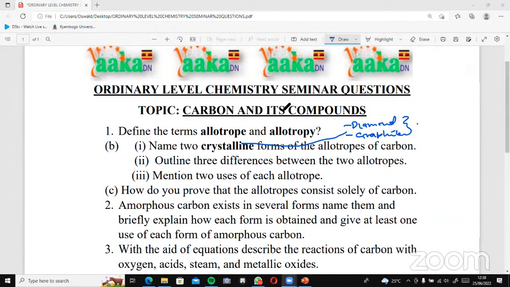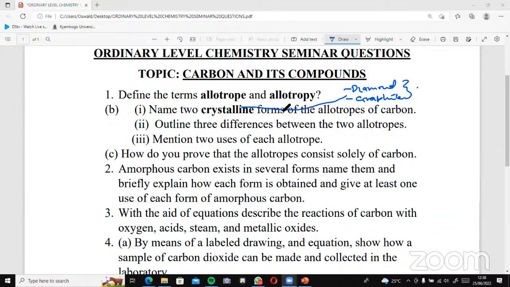We can talk about the structure. What do we say about the structure of diamond and the structure of graphite? We say that diamond has what? Or graphite has what? So Martha says that diamond does not conduct electricity while graphite conducts electricity.